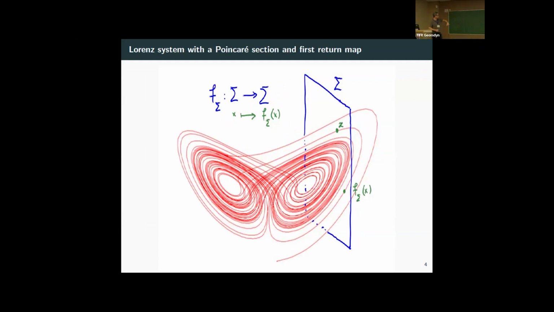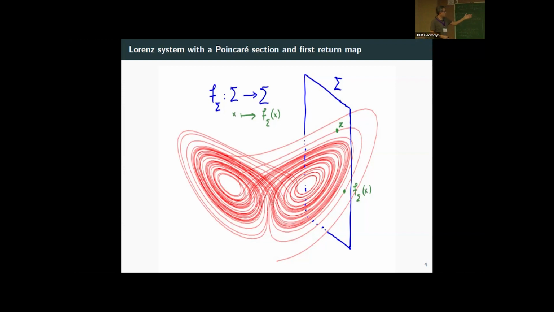The first time you go back to sigma is another point that we denote by f(x). So we have a map f from some subset of sigma to sigma. If you continue to follow the orbit, the next time you come back to sigma will be f(x), and the next time is f(f(x)).